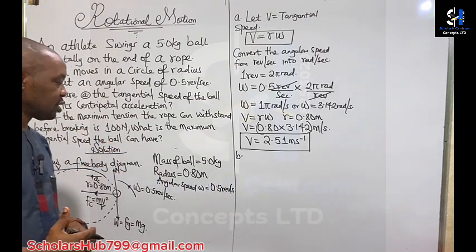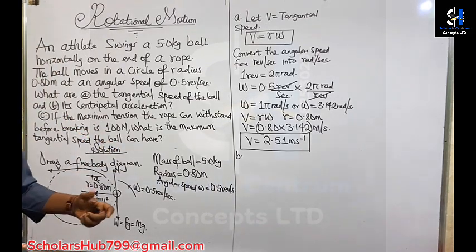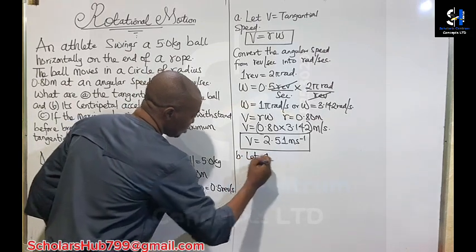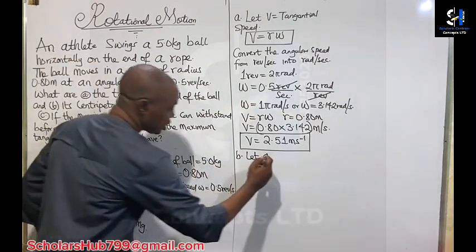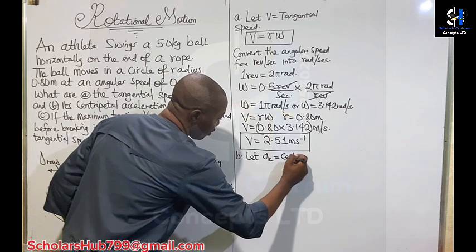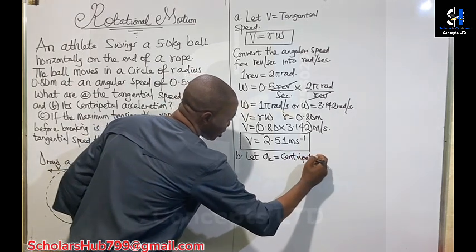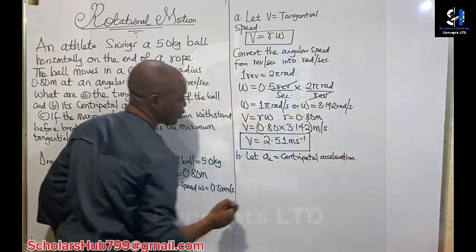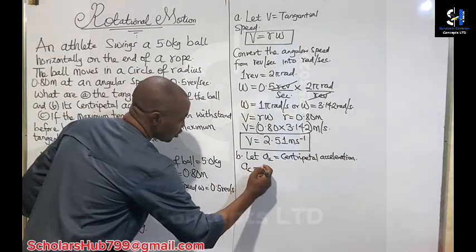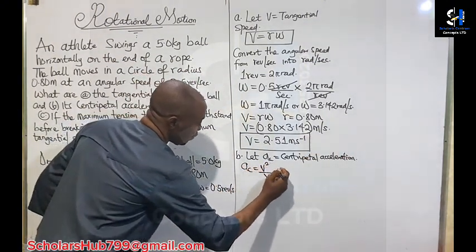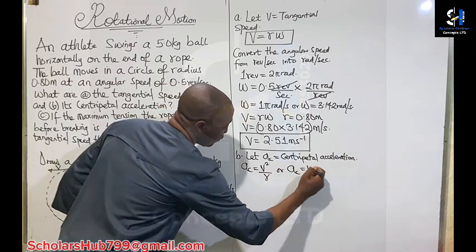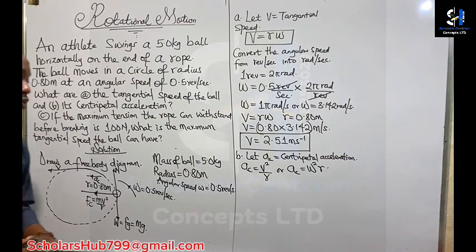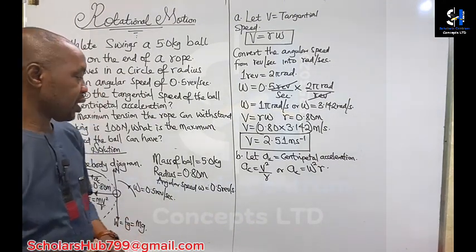To calculate the centripetal acceleration, let AC equal the centripetal acceleration. The centripetal acceleration will be v squared over r, or we can also make use of w squared times r, that is angular speed raised to the power of 2 multiplied by radius.